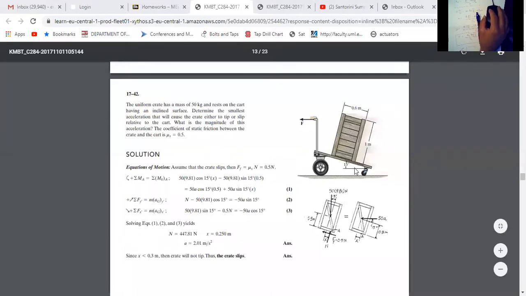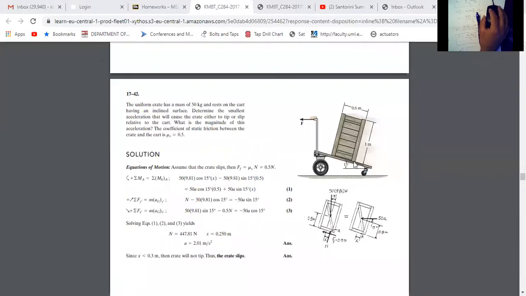You consider a point here at the bottom, and we assume that this will tip if the summation of the moment about this point is such that the normal force comes all the way here and has no moment arm with respect to a point here. How about we solve that problem as well on Monday during our problem session? But at this point I'm running out of time.